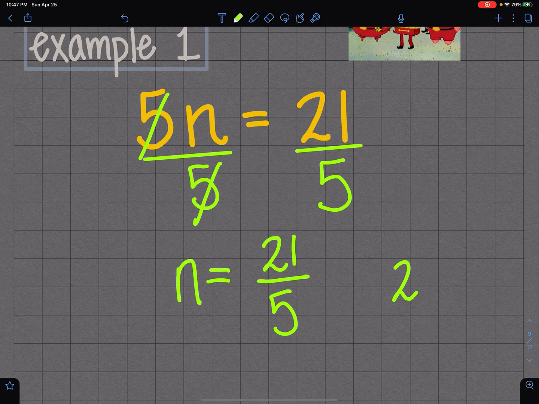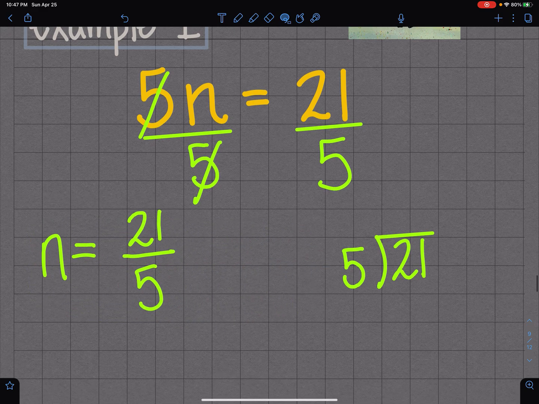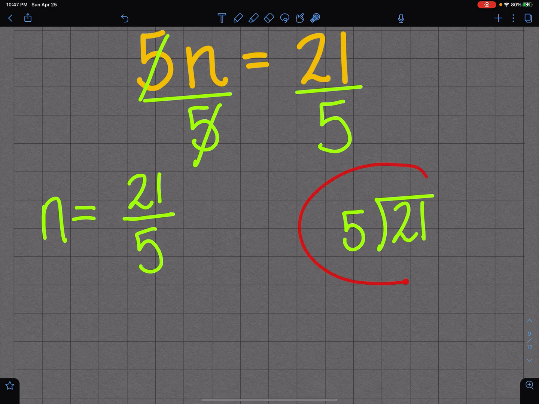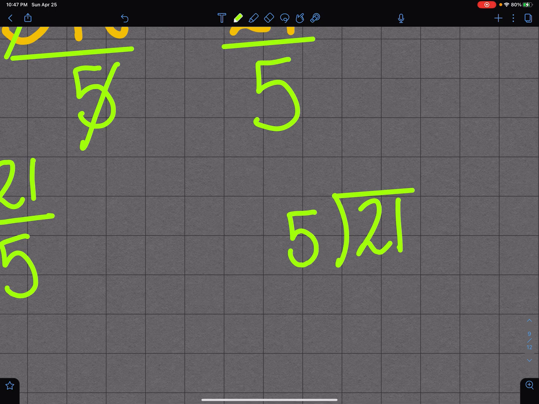So they do 21 here, like this. And then they put the 5 here. I'm going to move this out of the way so it's not confusing. And so let's focus on this. 21 divided by 5. So 5 goes into 20. 5 doesn't go into 2, right?